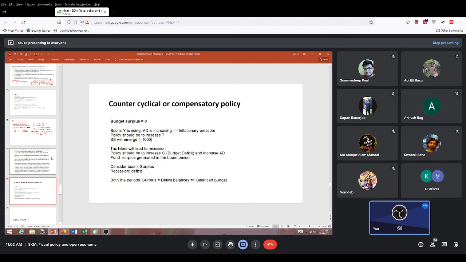You'll require more funds. G will have to increase by 5000, 6000, whatever. So you can't really balance the budget accurately. Theoretically, it's very easy. If you have a smooth cycle, you know it's going to occur after every 10 years, and the boom is equal to recession, it's fine. But in practice, it doesn't happen that way.